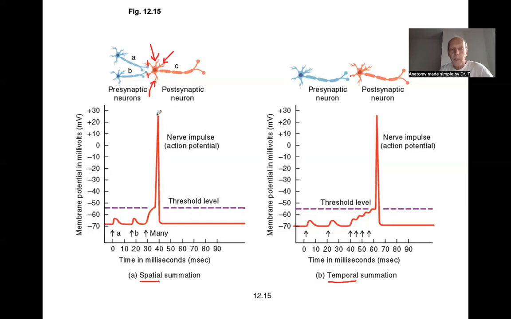It would always stop at around +30 millivolts, regardless of the strength of the impulse or signal being received. So that makes it completely predictable, and as such it has found its appropriate space in the physiology of the nervous system.